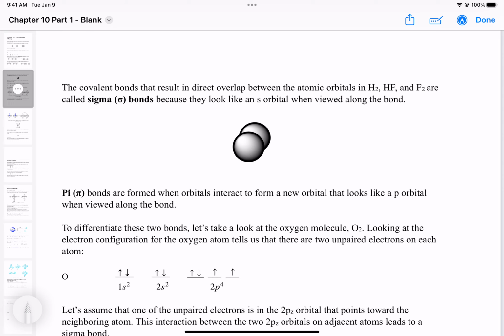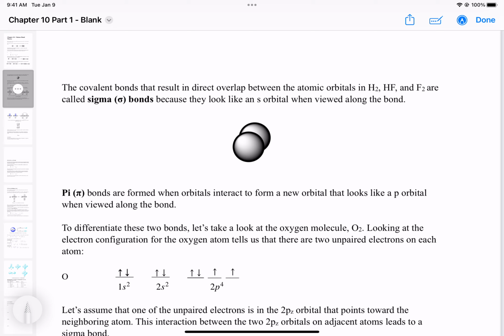They are single bonds, and we call them sigma bonds because if we view the bond along the axis on which it lies, it looks like an s orbital. If you look at this orbital from a side view, it looks like a sphere.